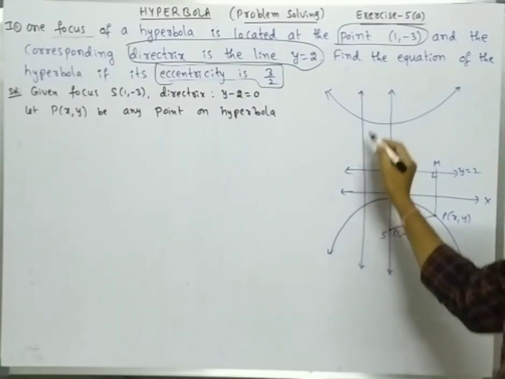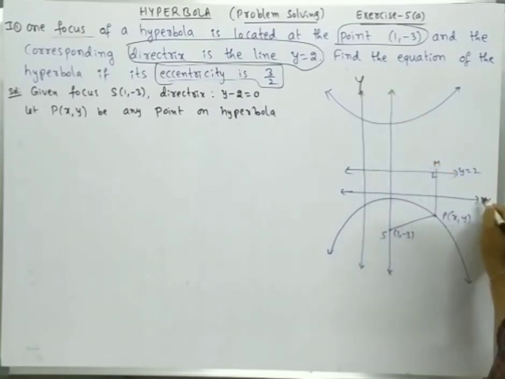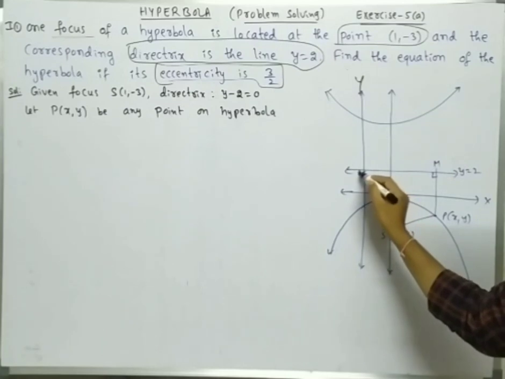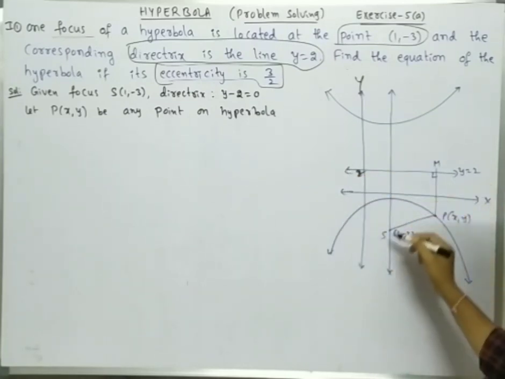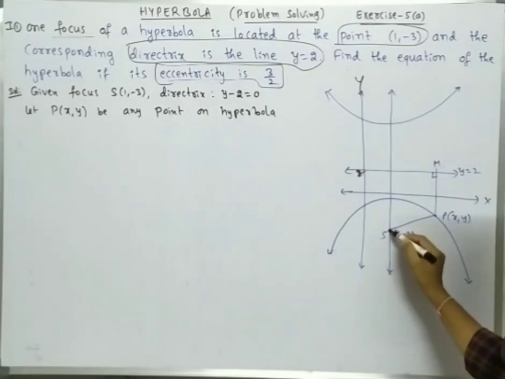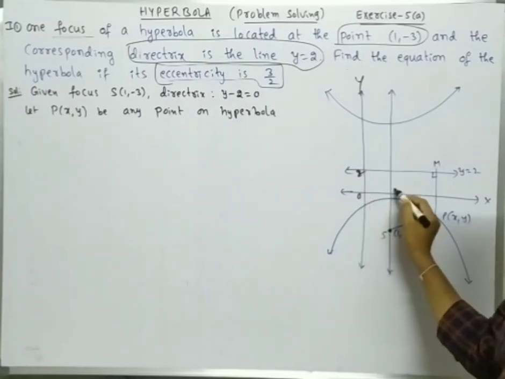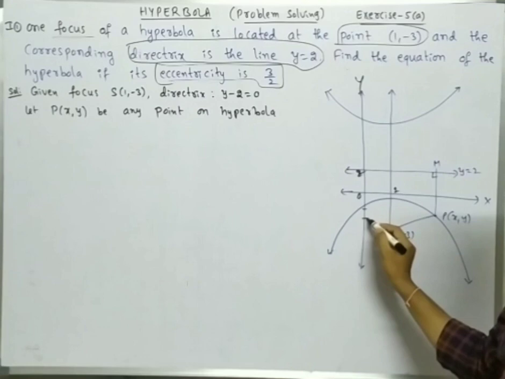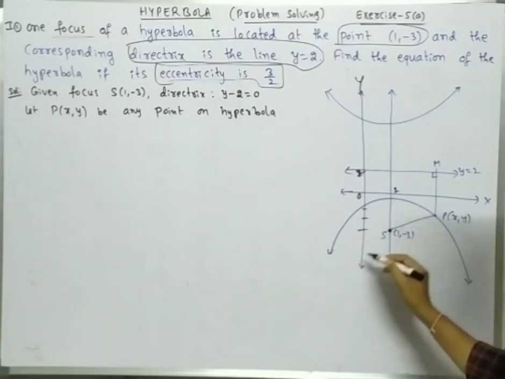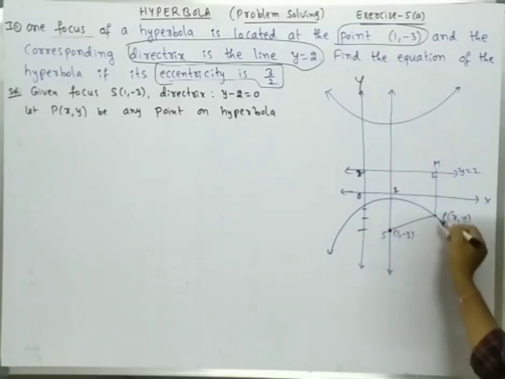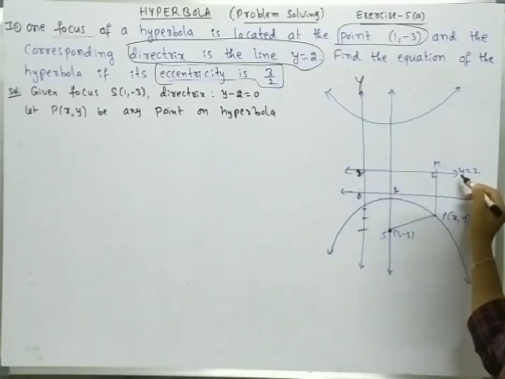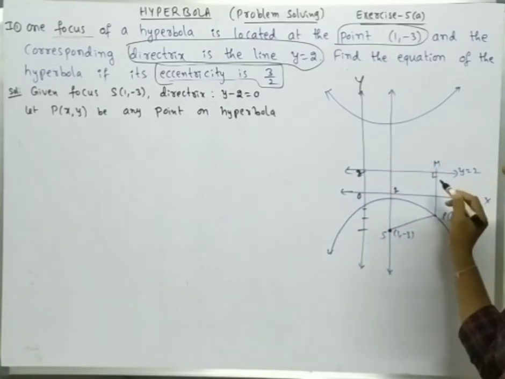So this is the y-axis, this is the x-axis, and this is y = 2, the directrix to this curve. Let this be 0, 1, -1, -2, -3; this is (1, -3), so this is the focus, and the directrix is on the back side of this curve, the equation of the directrix.